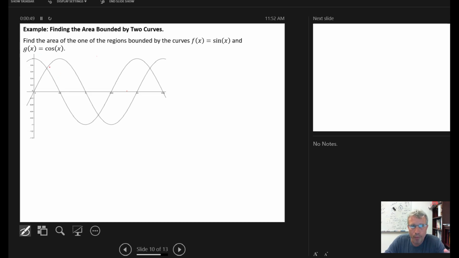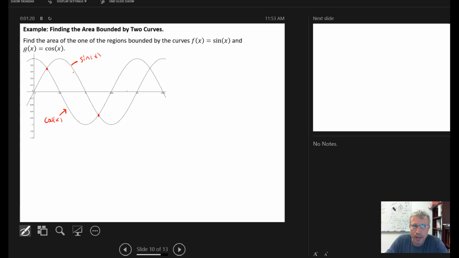So what we want to do is recognize that we're going to need to find the two intersections. That's one thing that we're going to need to do. We want to recognize that the function that's bounding from above is actually the sine function. So this is the sine of x. And the function that's bounding from below between this intersection and this intersection is the cosine of x. So we want to recognize the bounding above function and the bounding below function.